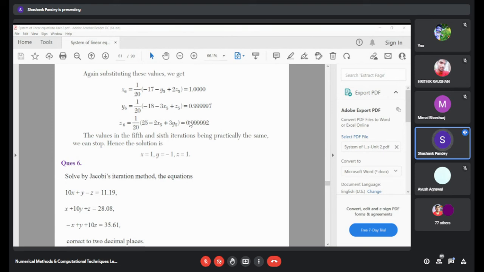Any one of you can give the exact answer for these 3 unknowns? What is the exact answer for this?